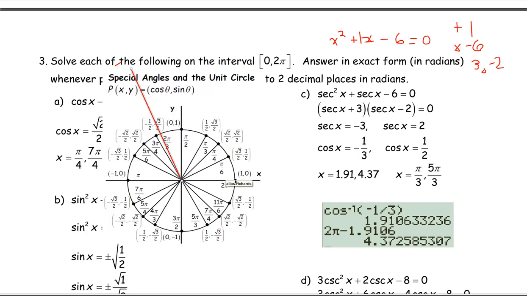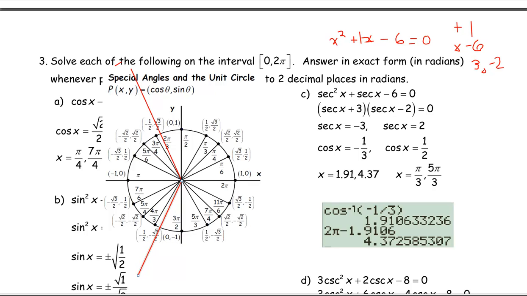And then the 1.91 radians is the rotation around to here. There would be another angle reflected in the y-axis like this. And so if this is 1.91 radians, then this angle right here would be the same size, 1.91 radians.